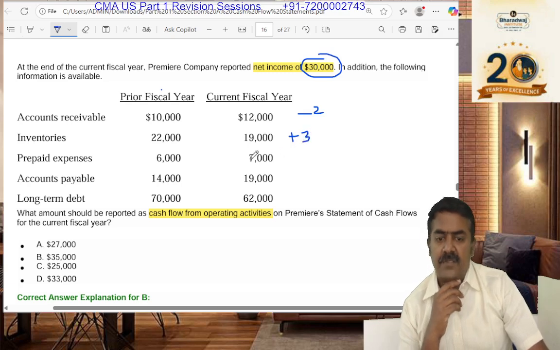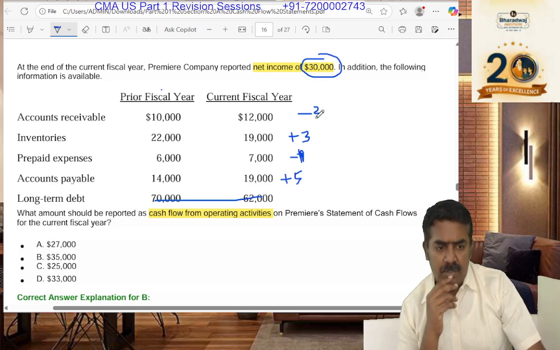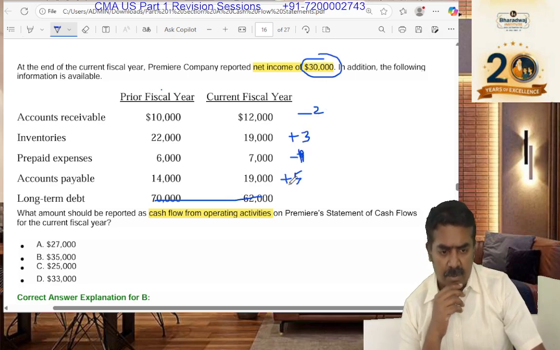Decrease in current assets we add. Prepaid expenses increased, so minus. Increase in current assets, minus 1000. Accounts payable increased, we get more money. Increase in current liability, plus how much? 5000. Long term debt will not affect. So 30,000 minus 2000 plus 3000 minus 1000 plus 5000. What is the answer?